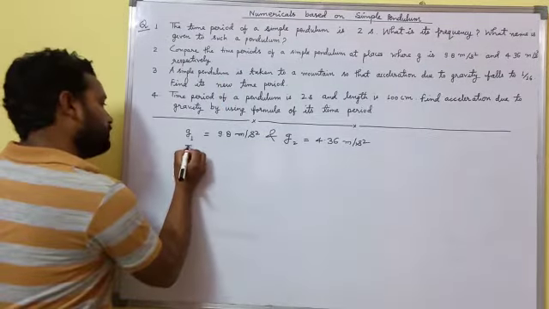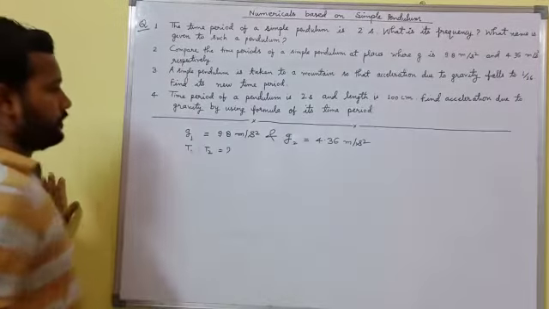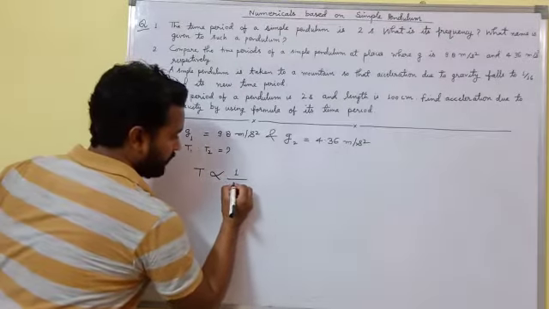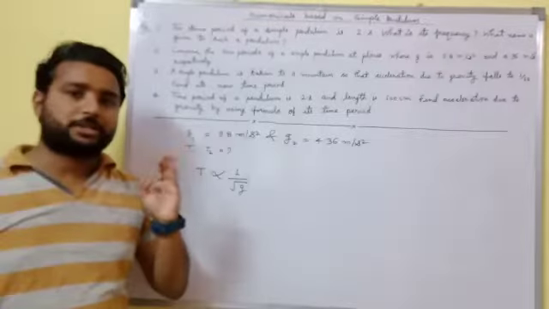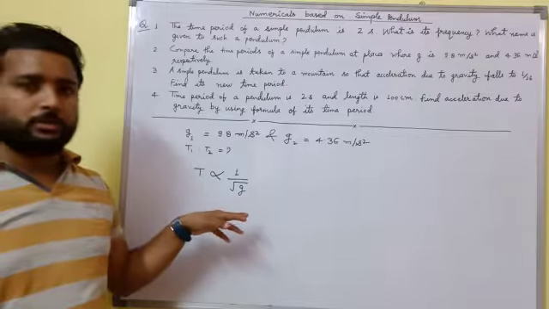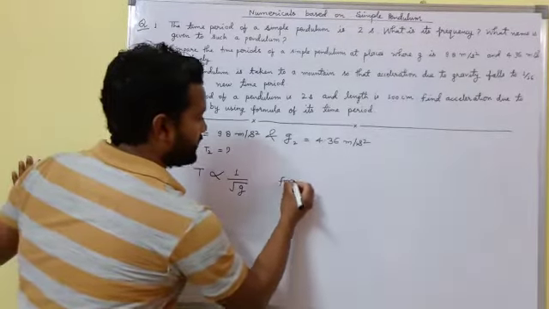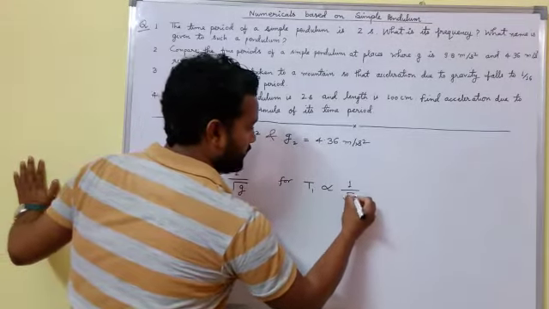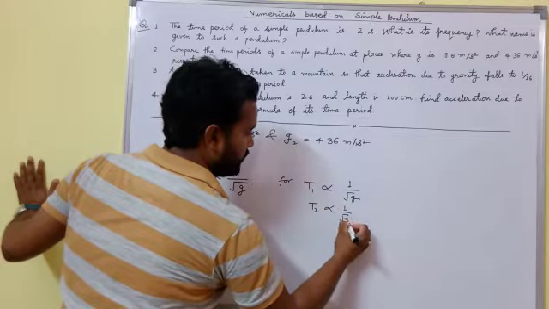So find out T1 ratio T2. We have the relation: T is proportional to root L, and T is inversely proportional to root g. So from this relation, for the first pendulum T1 is inversely proportional to root g1 and T2 is inversely proportional to root g2.